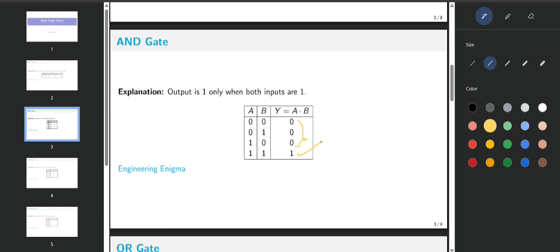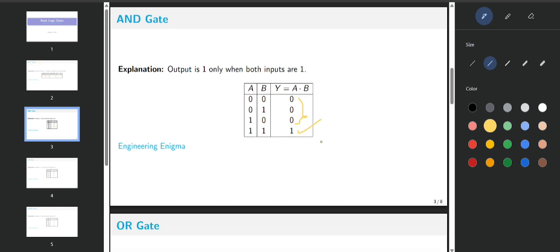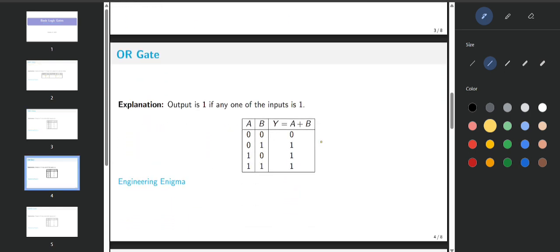Moving on to another gate, I will make a quick recap because we can't invest much time in these classical gates. So, the OR gate. The OR gate is like the friendliest one of all. It says, hey, even if one of you tries, I will make it work.